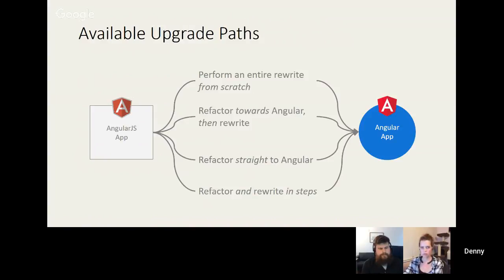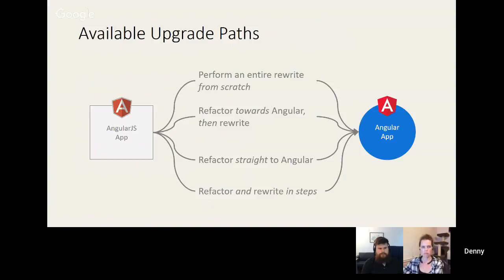Recall from our first part, we talked about the different ways we could upgrade our AngularJS application. Our first option was to perform an entire rewrite from scratch. That would essentially be spinning up a brand new Angular application project and using our original AngularJS application as almost a requirements specification and simply writing everything anew in Angular.